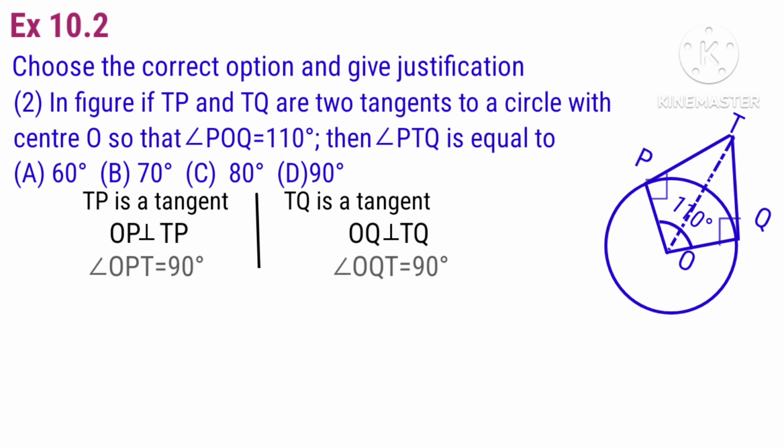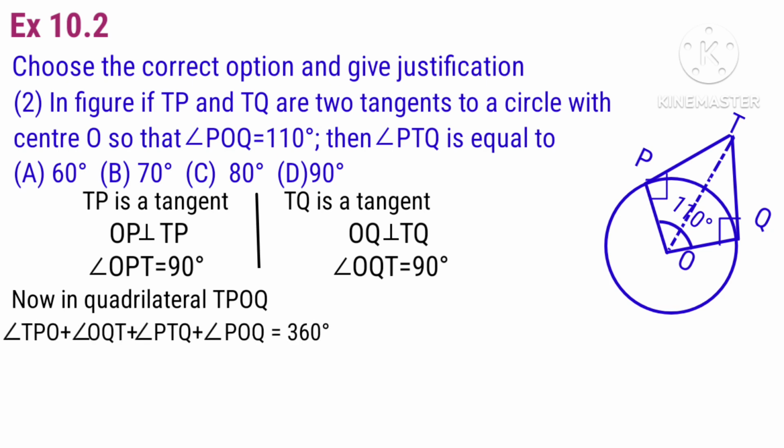Hence angle OPT is 90 degree. Similarly angle OQT is also 90 degree. Now we have to find the degree of PTQ. In the quadrilateral we have 4 angles, 3 are known and the 4th, angle PTQ, is unknown. In quadrilateral TPOQ, angle OPT plus angle OQT plus angle PTQ plus angle POQ is 360 degree.